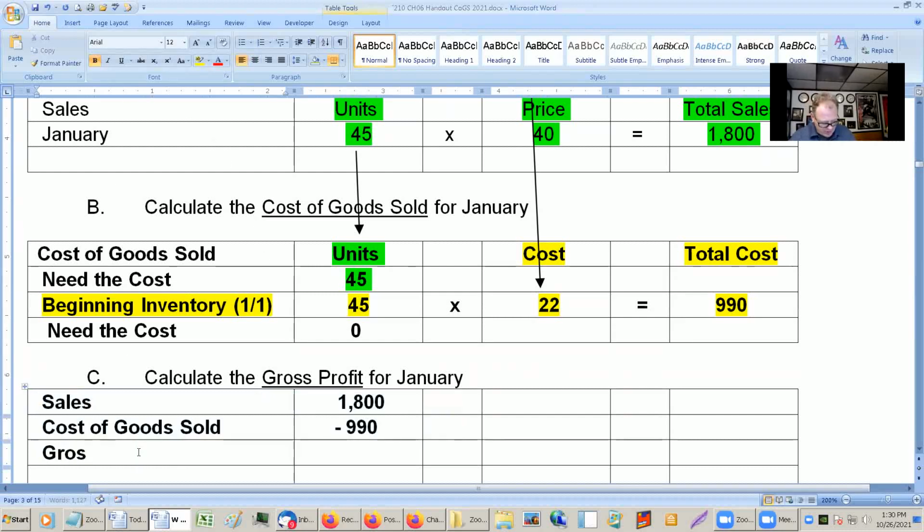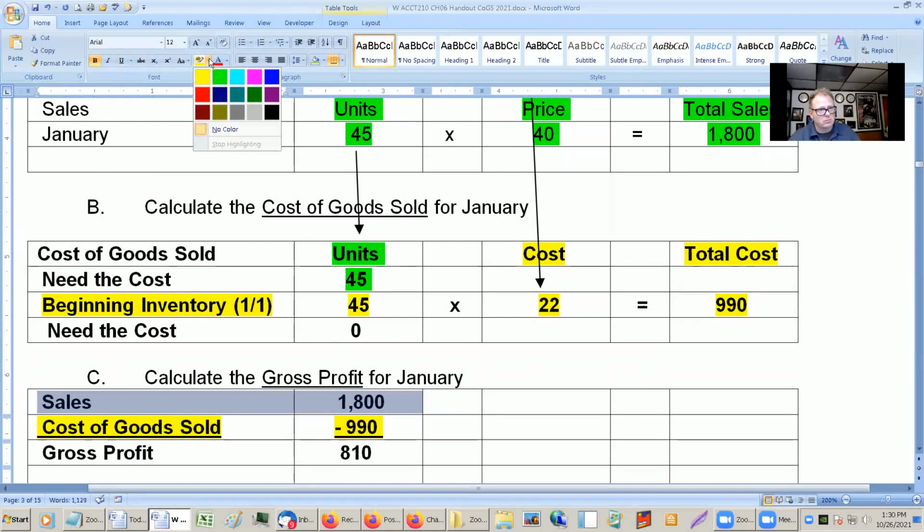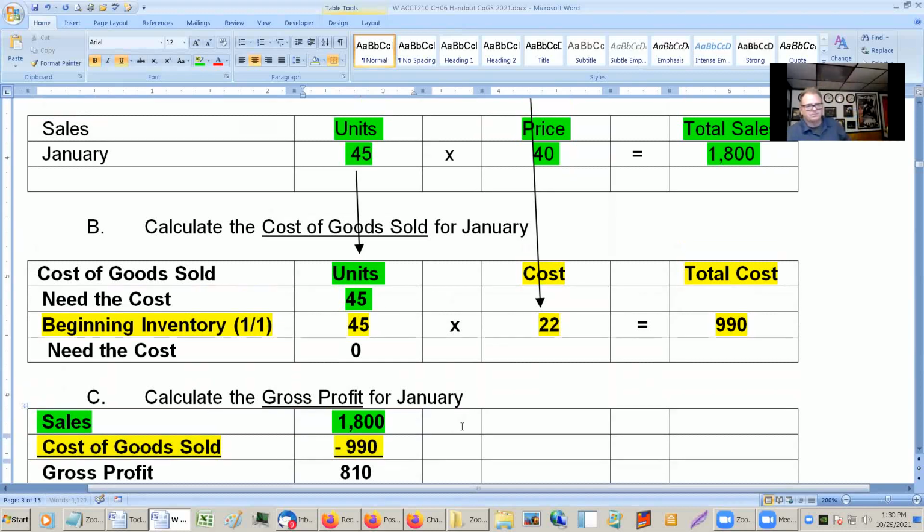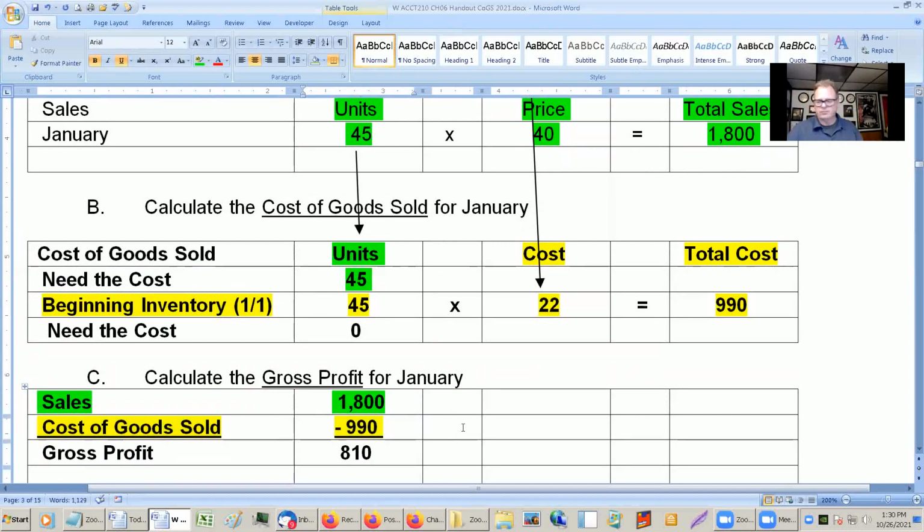So our gross profit is $810. This will be how much profit they made out of the place, assuming that the first ones were the first ones sold.